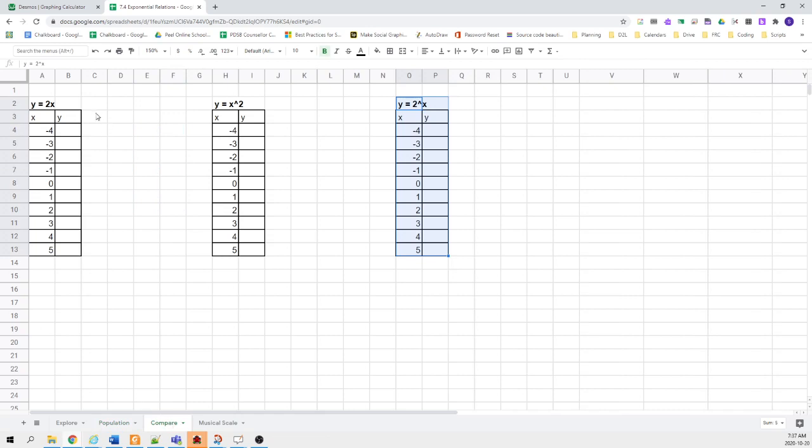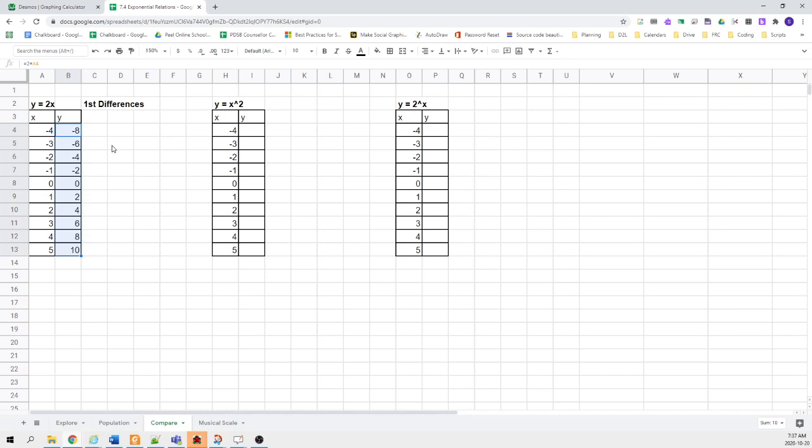So let's take a look at the first differences of this relation. So 2 times A4 gives us our y values.